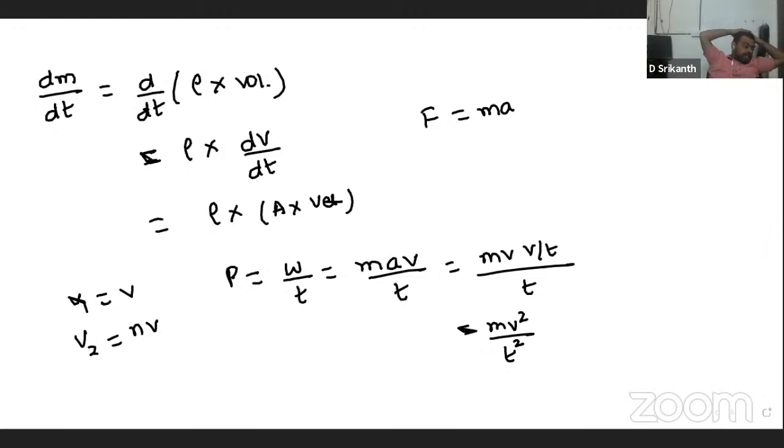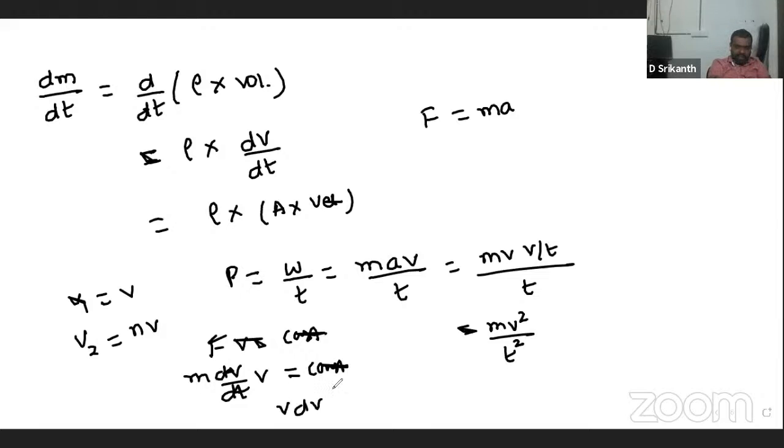Next, position and velocity of an automobile. Since power is constant, F into V is equal to constant. F means m into dv by dt, into V is equal to constant. So V dv, this constant I will consider as k into dt by m.